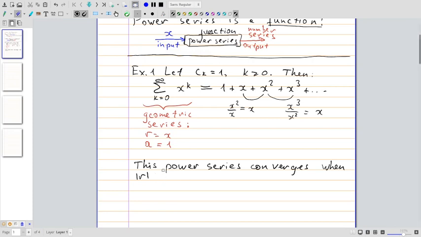So we can rewrite this condition as the absolute value of x less than 1. Great. So now we know a lot about this power series. We know when it converges, right? And we know that this when is in fact if and only if. So this power series converges precisely when the absolute value of x is less than 1.